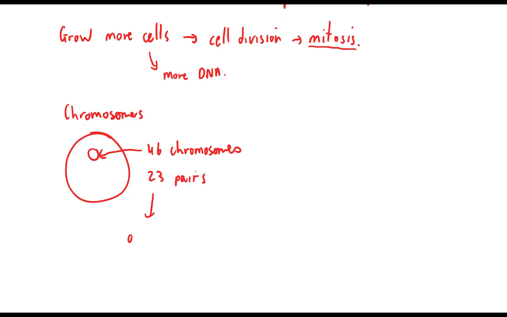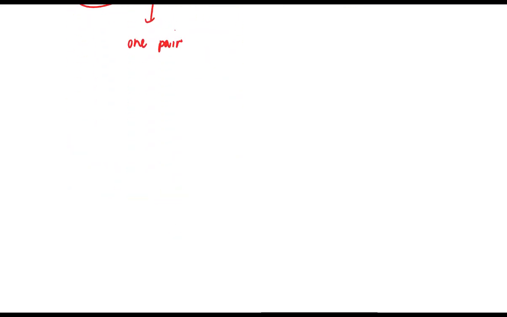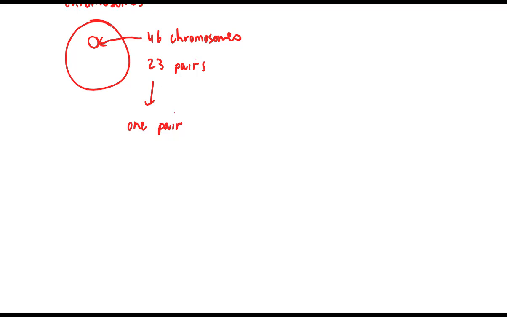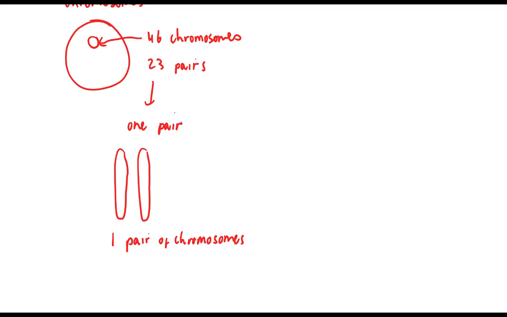Now let's look at one pair. What you would have in each cell is 23 pairs. But if we're just looking at one, and we line them up, this is what they look like. This is one pair of chromosomes. And on those chromosomes, you'll remember that they contain these little banded patterns, which are genes.